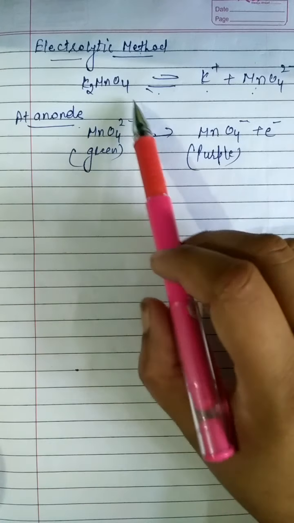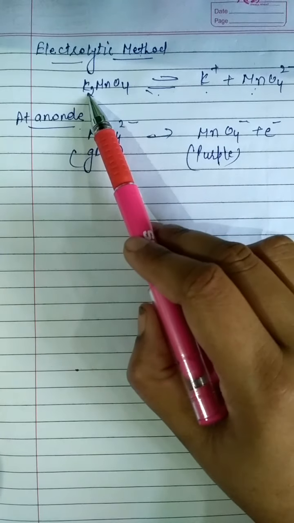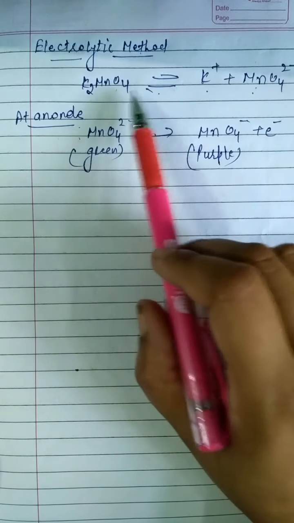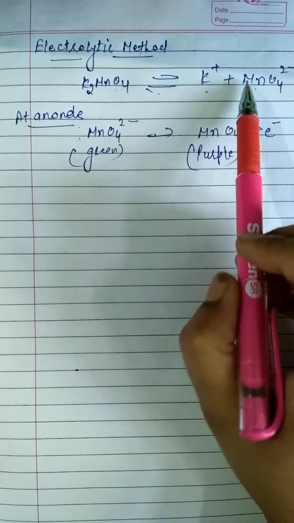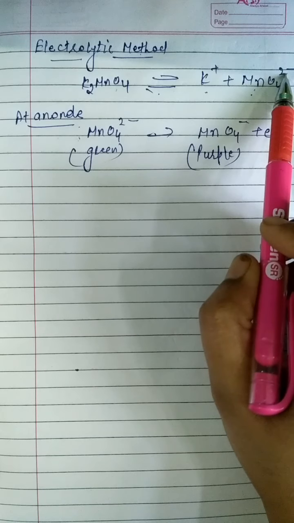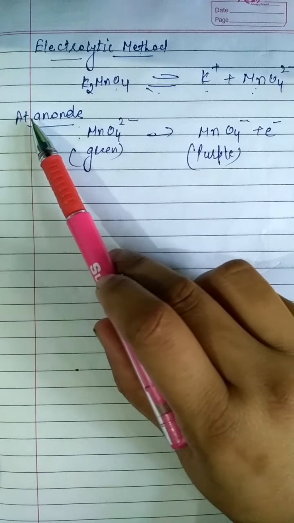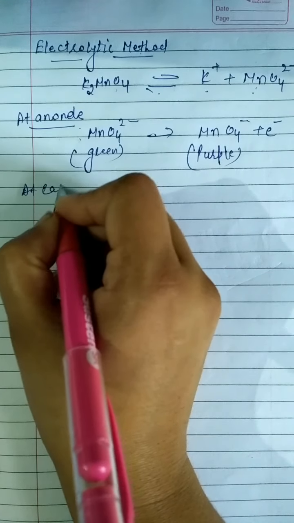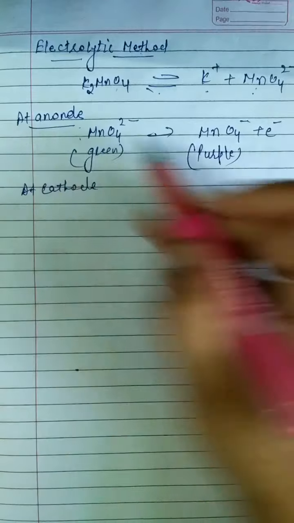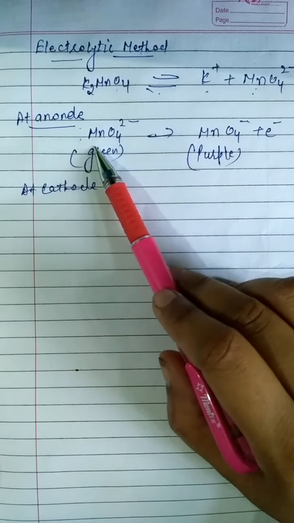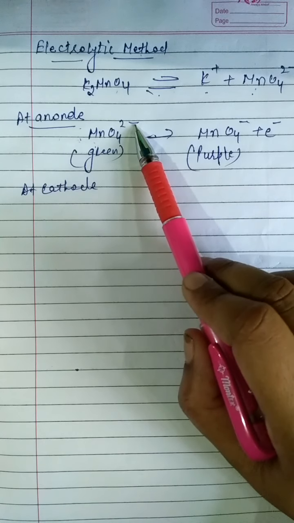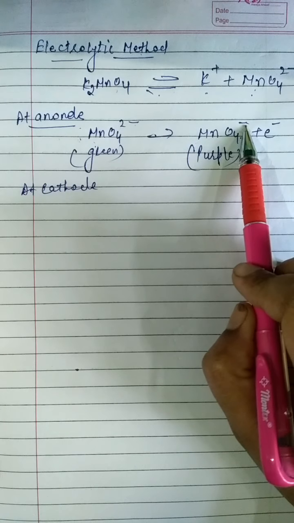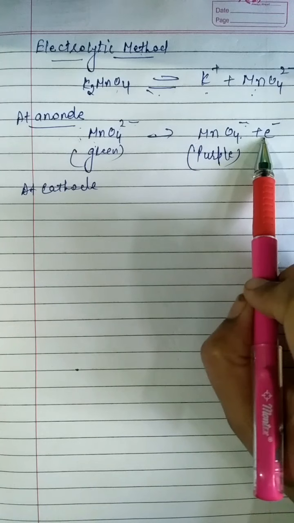Clear? At the cathode, firstly the dissociation of potassium manganate takes place, converting into K+ and MnO4 2-. Two reactions take place, at the cathode and at the anode. At the anode, MnO4 2- is converted into MnO4 -, and one electron is eliminated.